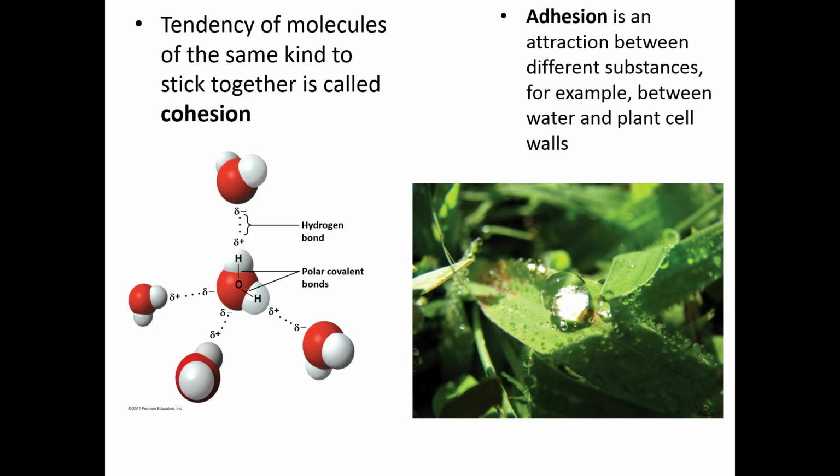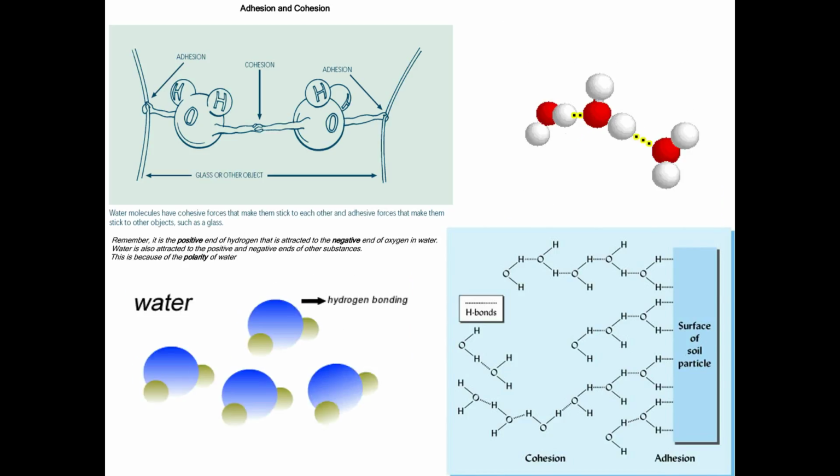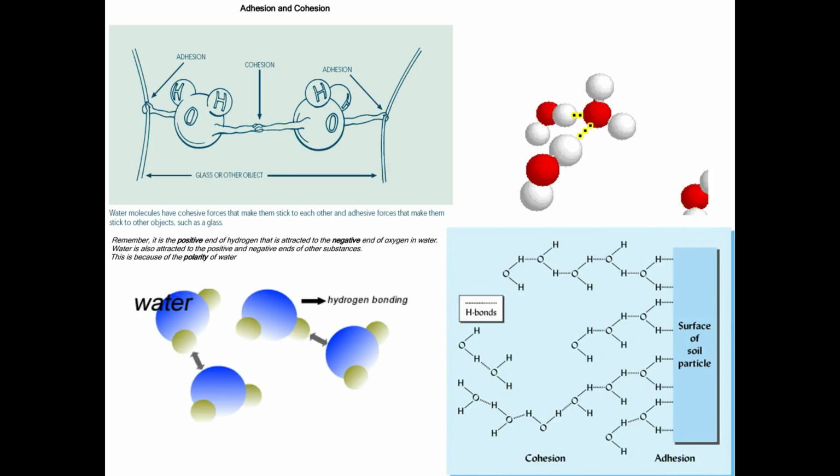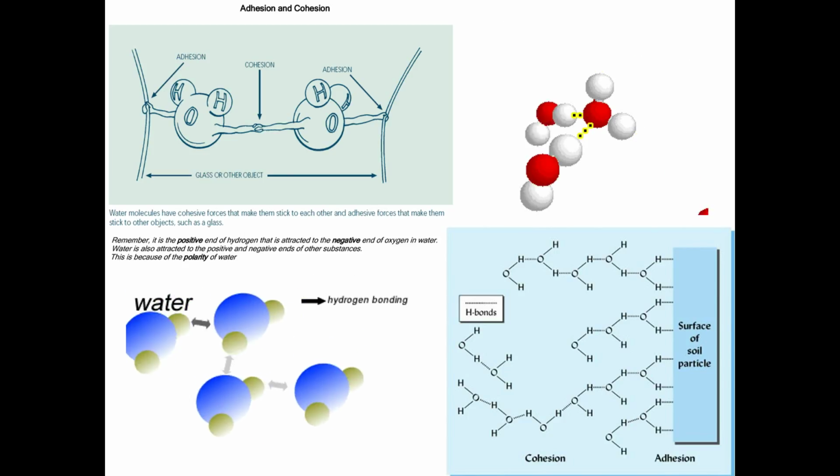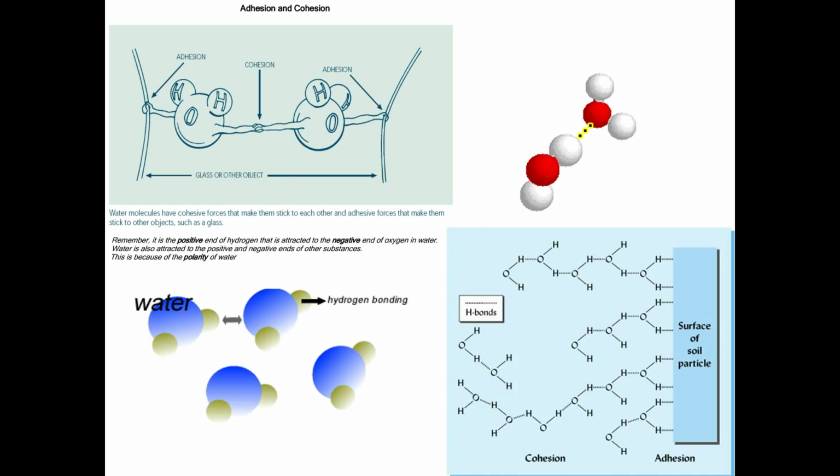Here you have a droplet of water sticking to the surface of a leaf. That droplet is able to adhere to the surface because of the adhesive nature of water. So again, cohesion, adhesion.